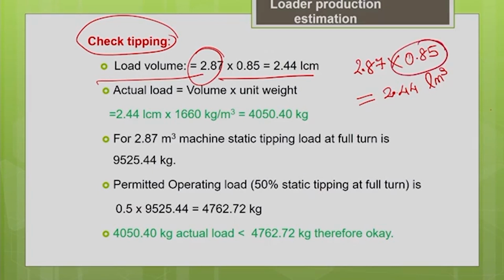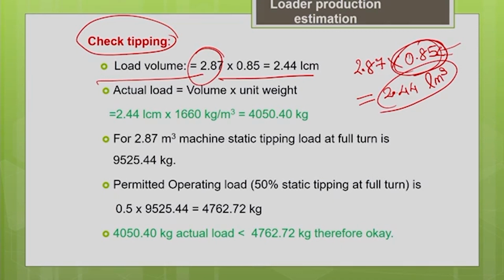This bucket fill factor is based upon the material type. Here we are handling aggregates, and aggregate size is given as 19 mm. So, depending upon that, bucket fill factor is 85%, and also depending upon the mounting. Here it is wheel loader. So, corresponding bucket fill factor is 85%, and the actual bucket load volume is 2.44 loose meter cube.